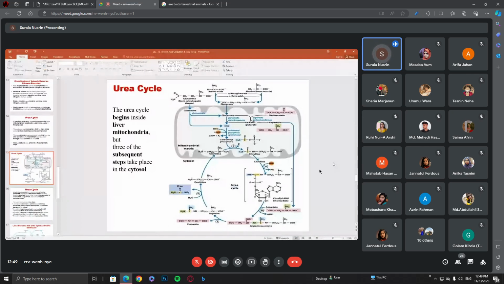What is the keto acid of glutamate? Glutaric acid. Alpha ketoglutarate.